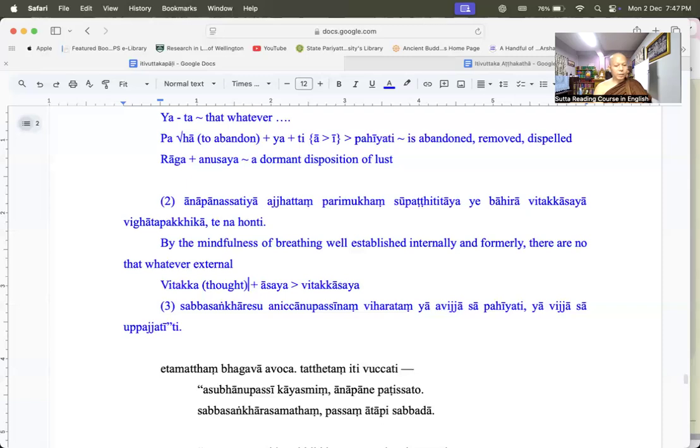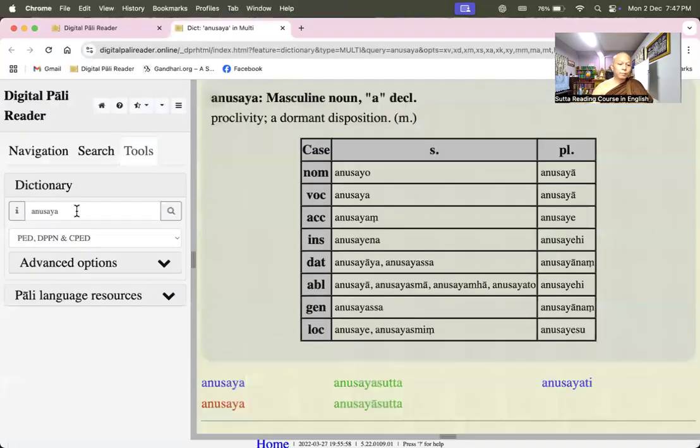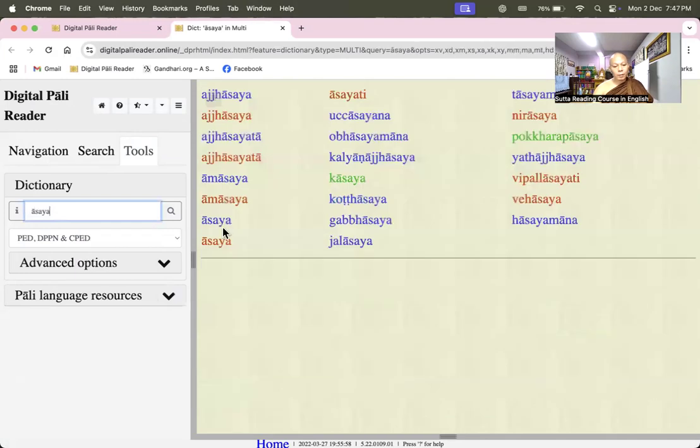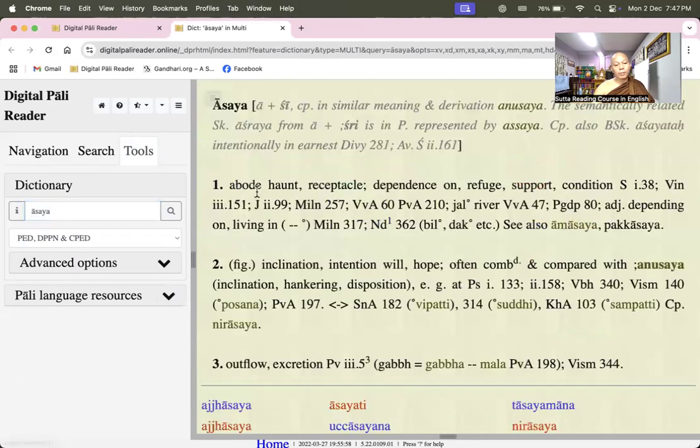But asaya, what does it mean? Asaya in some places means location, abode, dependence or refuge.